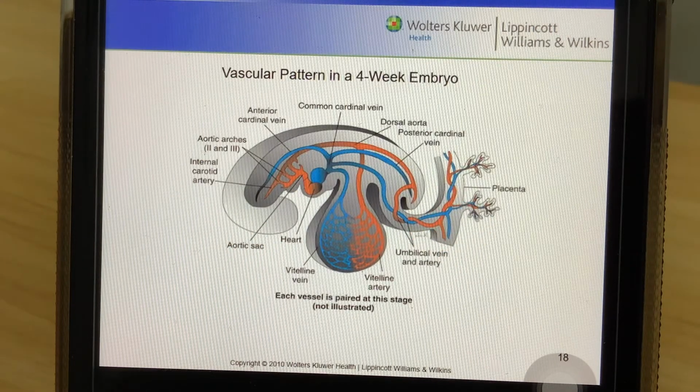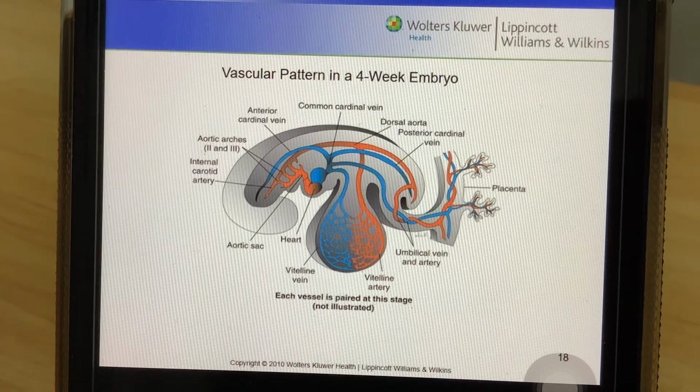Again, on a 4-week embryo, this is just to point out the cardinal veins.